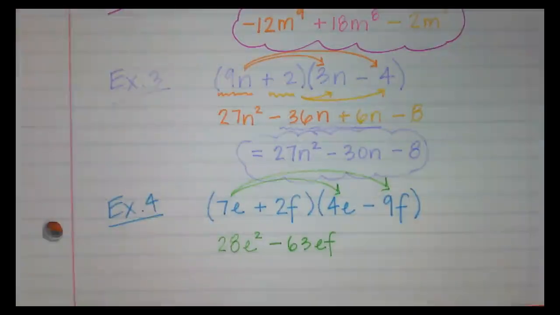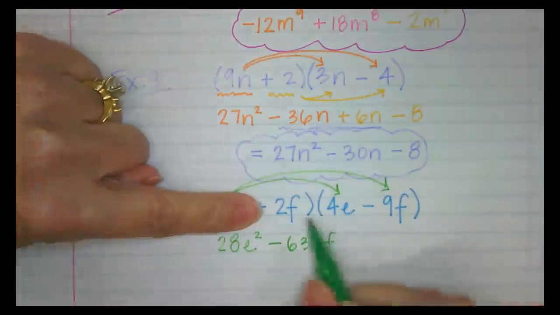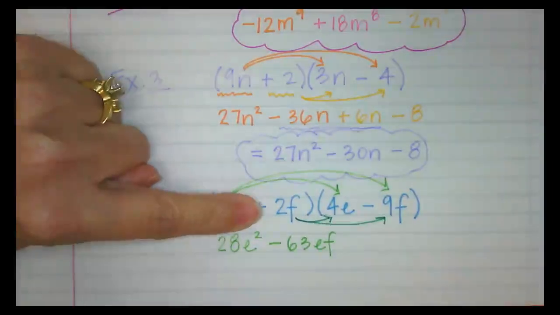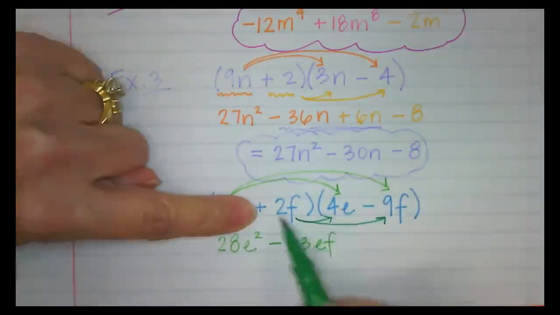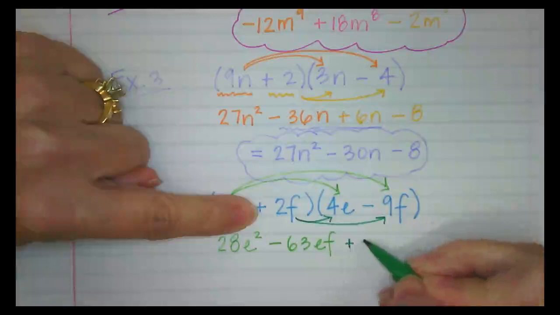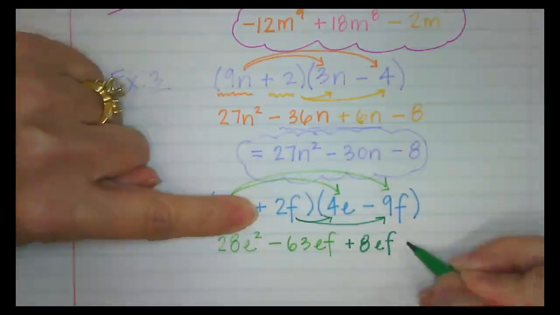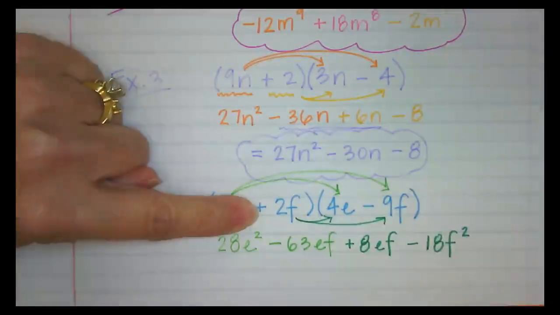Okay? All right, next thing I need to do is distribute the 2f to 4e minus 9f. So I need to multiply those together. So when I multiply these together, I get a positive 8ef minus 18f squared.